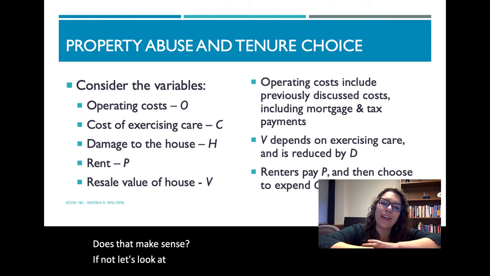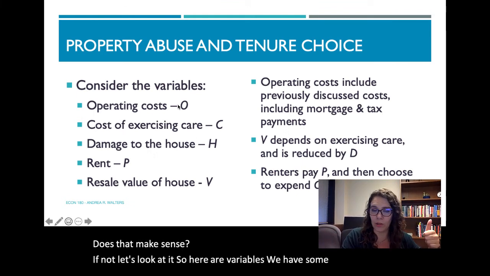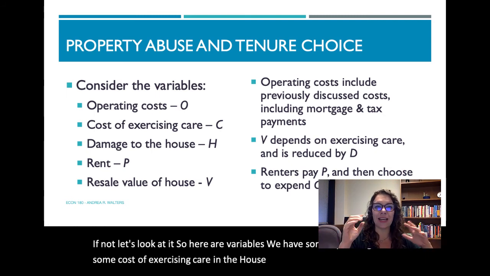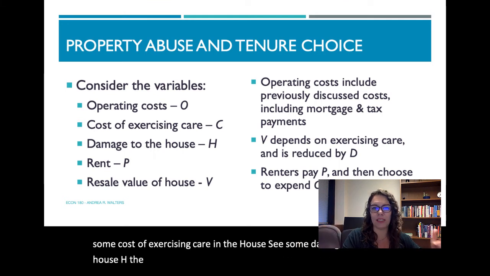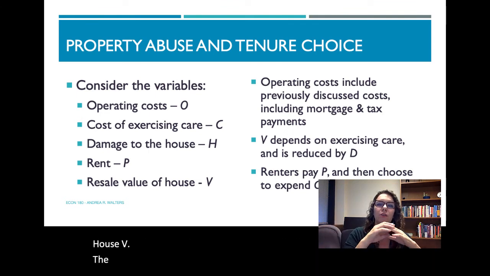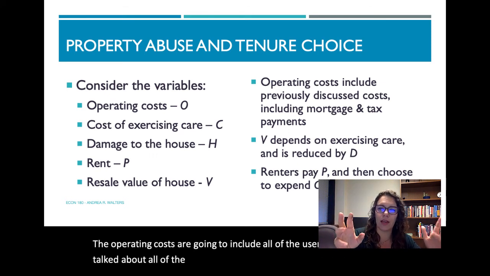So here are our variables. We have some operating costs, O, some cost of exercising care in the house, C, some damage to the house, H, the rental price of the property, P, the resale value of the house, V. The operating costs are going to include all of the user costs we've talked about, all of the costs associated with having a house.